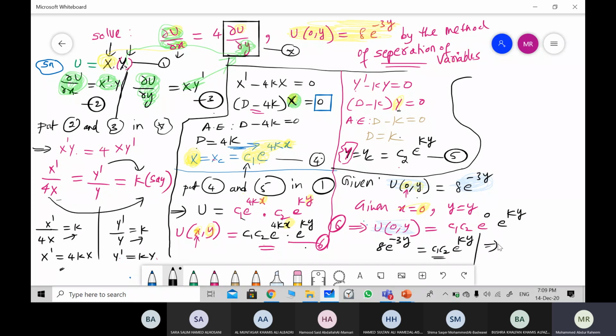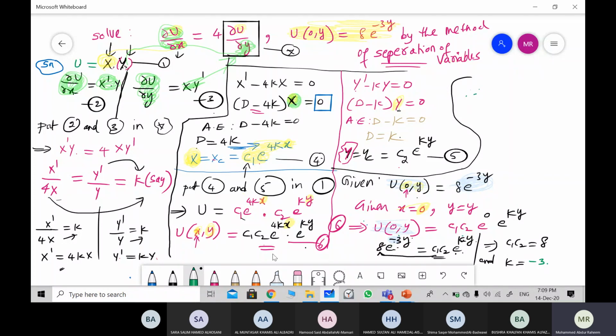C1, C2 how much? Second, if you compare this, K how much? Coefficient of y, K. Coefficient of y how much here? Minus 3.